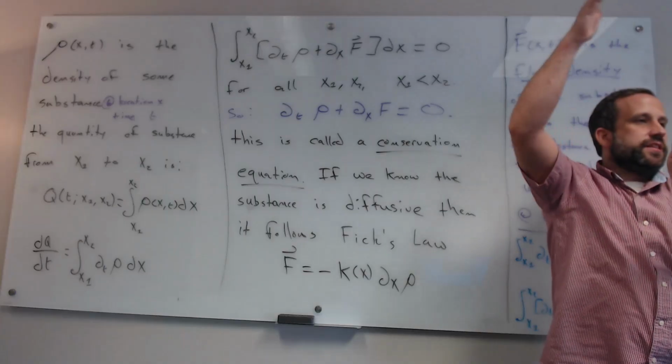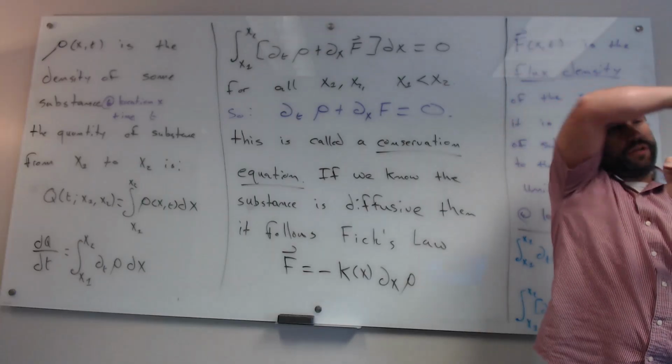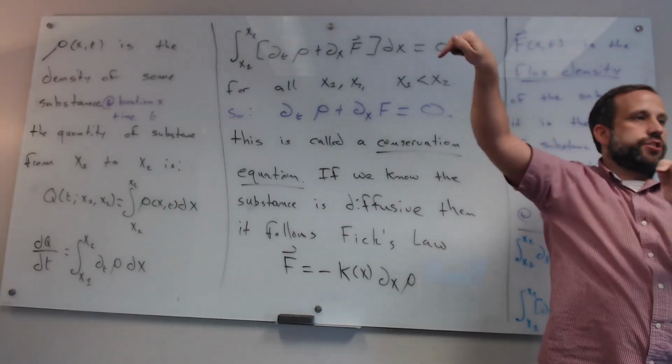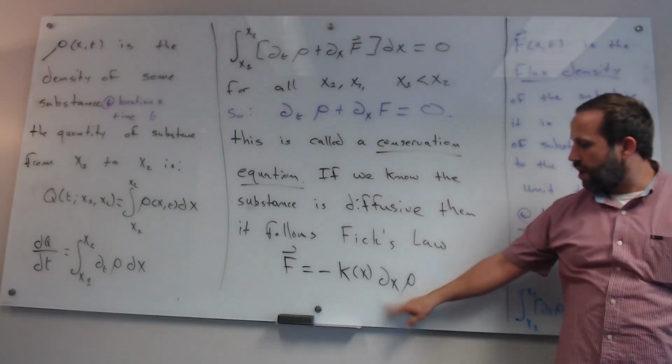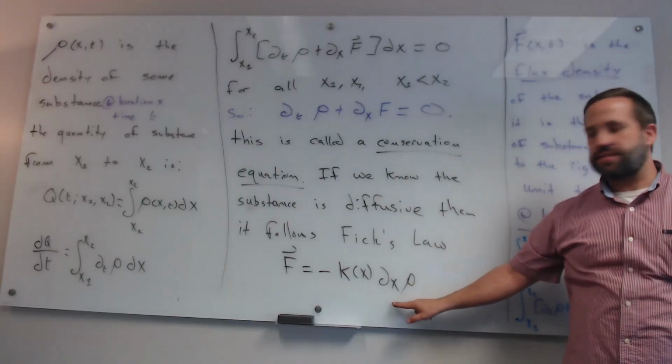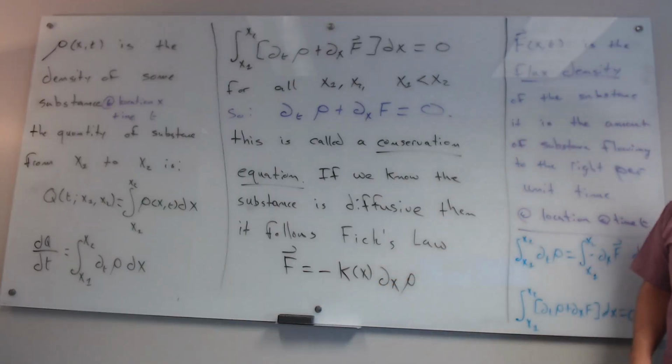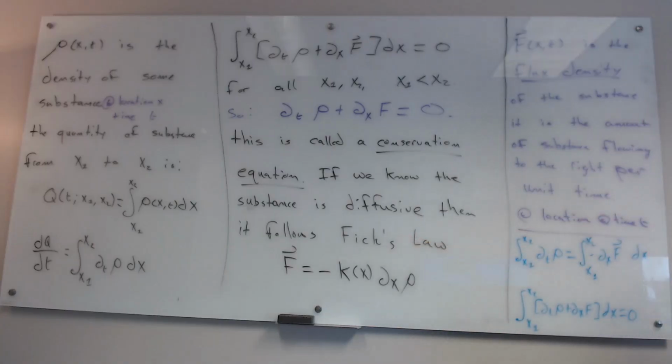The physical intuition tells us that the flux should be in that direction, in other words, the flux should be negative. So the flux should have the opposite sign of the derivative of the density, and that's exactly what we have here. So the flux density is equal to minus k times the x derivative of rho.